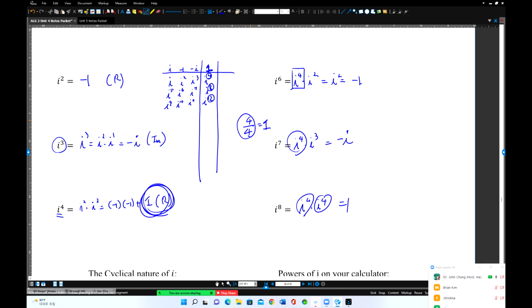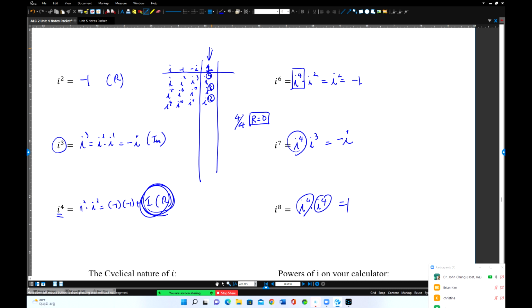When you divide it by 4, what is the remainder? Remainder is 0, right? When the remainder is 0, the value of the imaginary number is always 1.